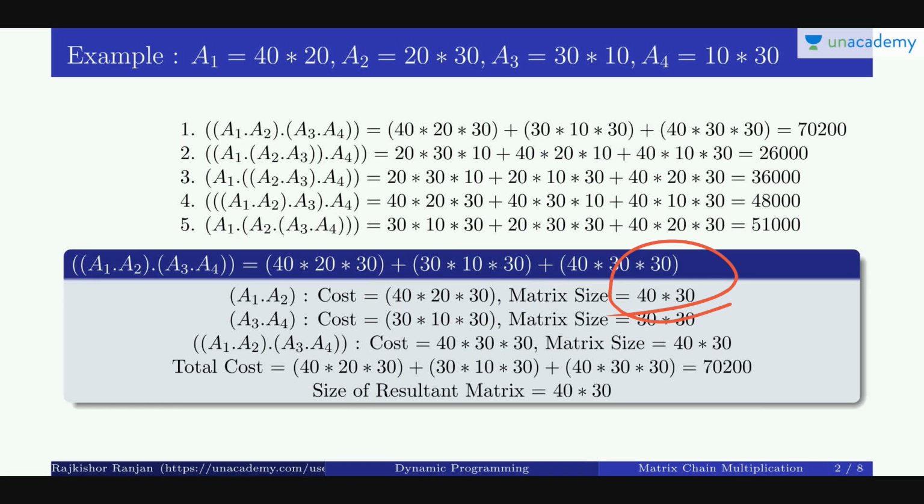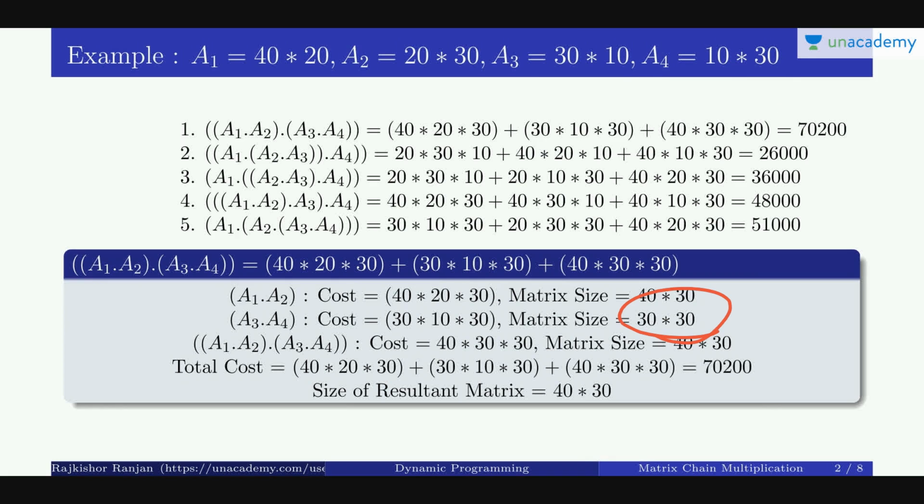Similarly, for A3 into A4, as the size of A3 is 30 into 10 and A4 is 10 into 30, the multiplication cost is 30 into 10 into 30, and the matrix size would be 30 into 30.